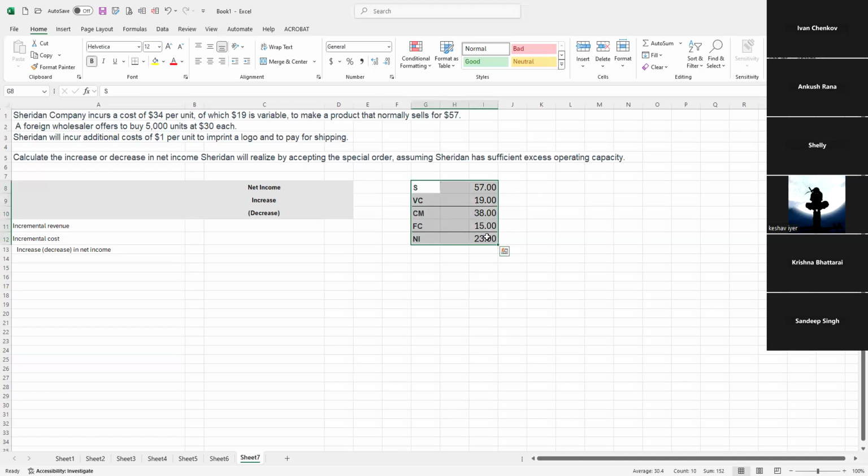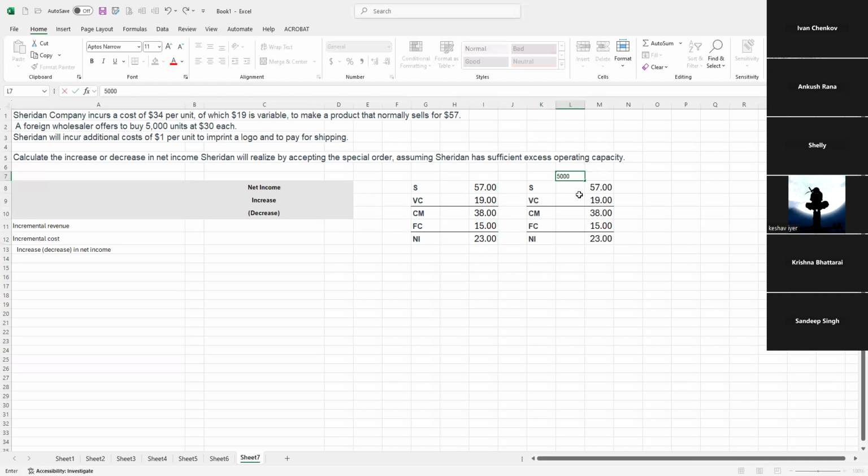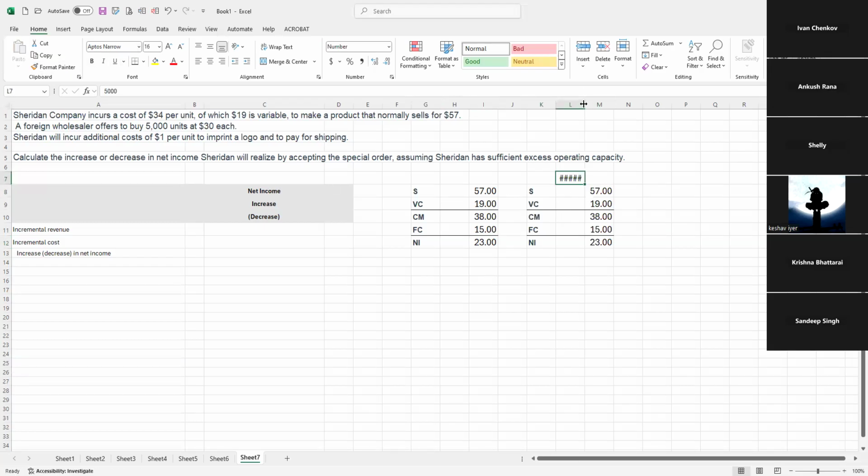So now the supplier comes and says, hey, can you sell me some? How many do we have to sell him? 5,000. How much do they want to pay for those 5,000? $30. So we're gonna generate $30. Let's forget about this fixed cost. If we generate $30, do I still have to pay variable cost?